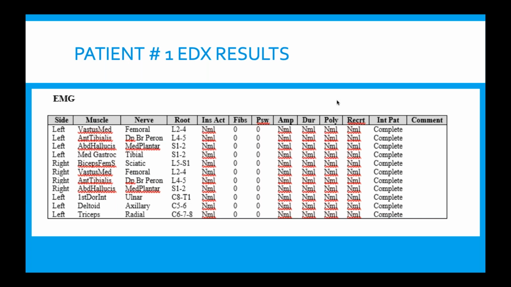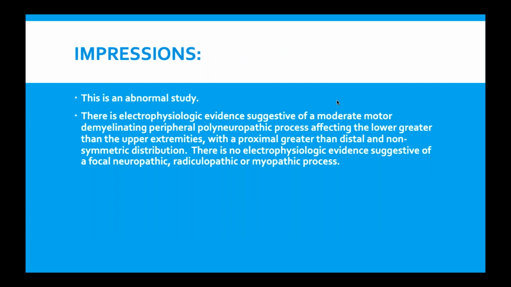So the bottom line for this patient, and this was obviously an abnormal study, there was evidence of a moderate motor demyelinating peripheral polyneuropathic process affecting the lower greater than the upper, mainly because the values were a little bit more profound in the lowers than the upper, with a proximal greater than distal and non-symmetric distribution.